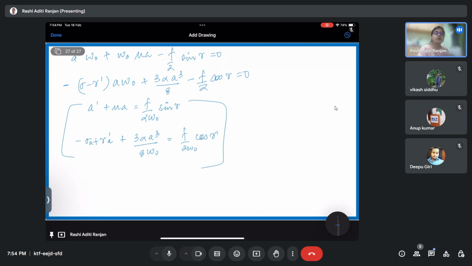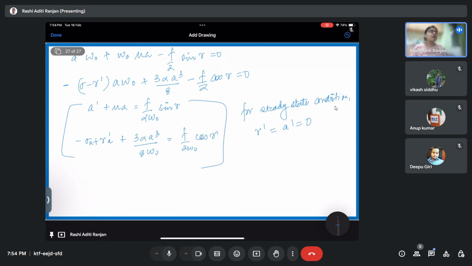Now, if I talk about steady state solution, for steady state condition, my gamma dash and A dash are equal to 0, correct? Do you know why I'm saying steady state? Because here we are considering that A and beta are actually varying.